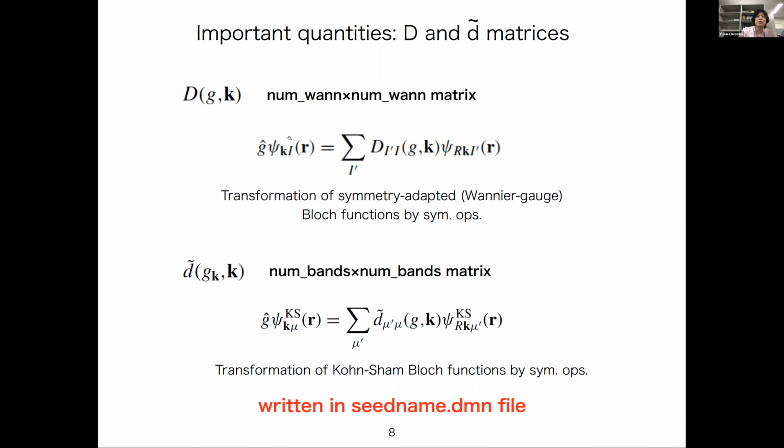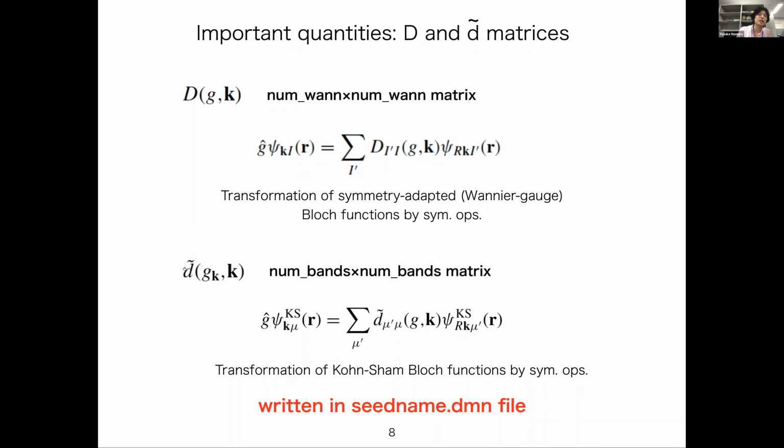Here psi_{k i}, i is the index for the Wannier functions, and k is the k point. This is the symmetry-adapted Wannier gauge Bloch function. This is what we want to obtain. If we operate the symmetry operations, then it is transformed in this way. And this D indicates how the symmetry-adapted Wannier functions are transformed.